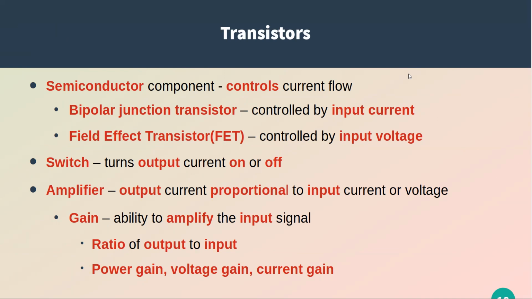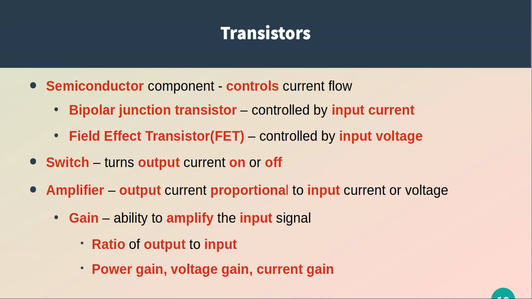Okay, transistors. So we're going to add a third piece and turn a diode into a transistor. You could almost look at it as back-to-back diodes. We got two types, bipolar, where we use an input current to control the current through the transistor.